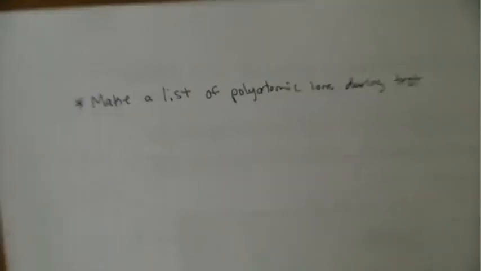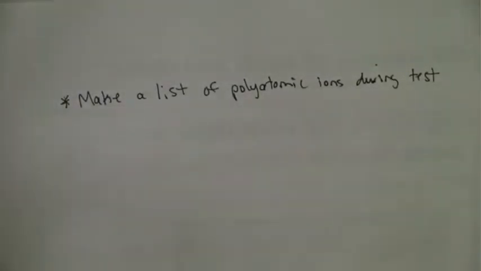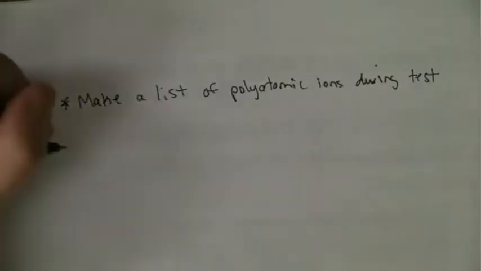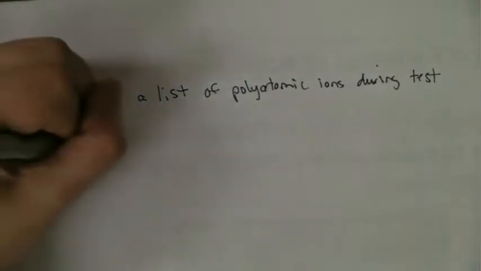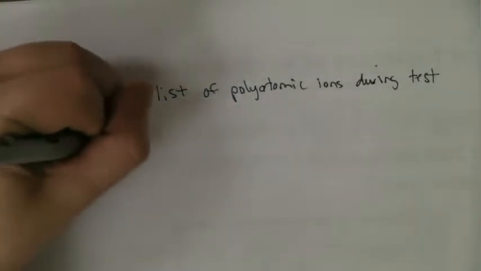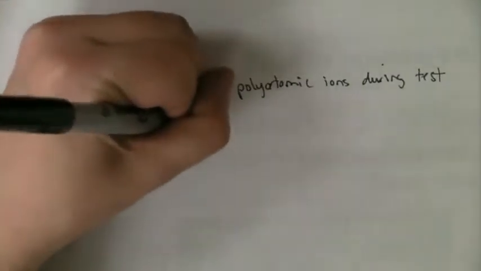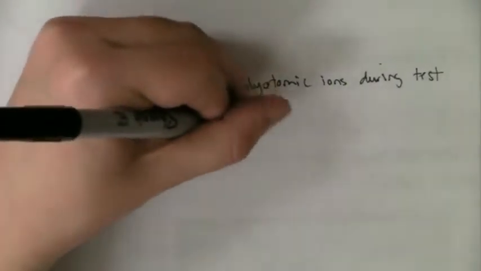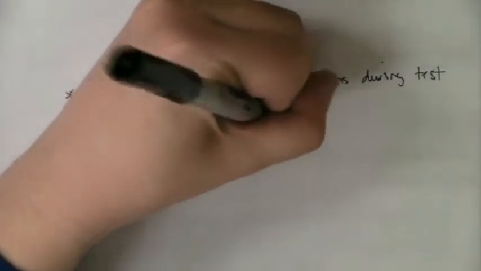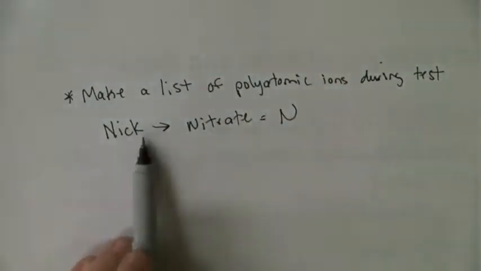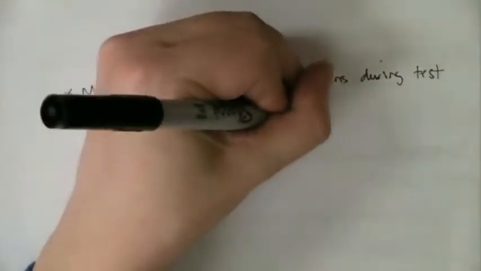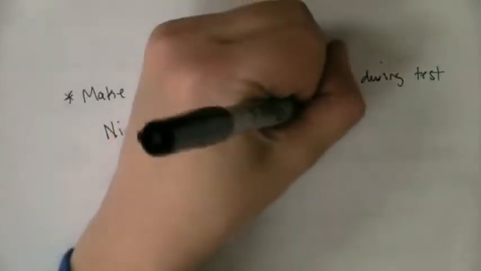Let me zoom out a little. During your test. Okay, because you don't want to have to figure out, 4 times on a test that nitrate is NO3. Once you do it once, you see like, oh, I need to figure out what nitrate is. Well, I know Nic is going to help me remember nitrate. So I know nitrate equals, well, I know it's N. It's got 1, 2, 3 consonants, so it's NO3, and it's got a -1 charge.